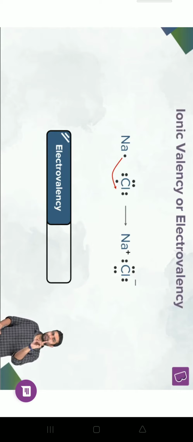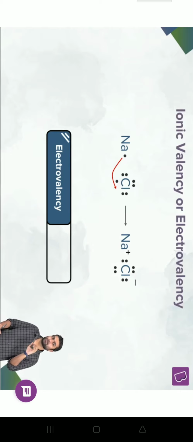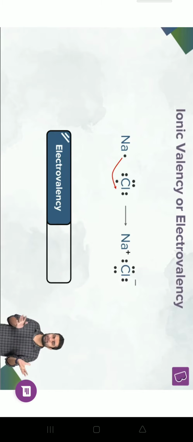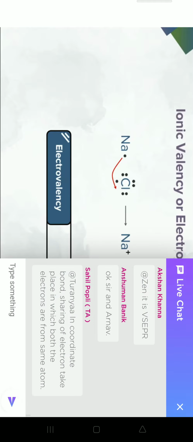Now, in Lewis dot structures, which we will study later on, we do not represent all the electrons. We only represent the outermost shell. Mark my words, we only represent the outermost shell, not the subshell, the shell.